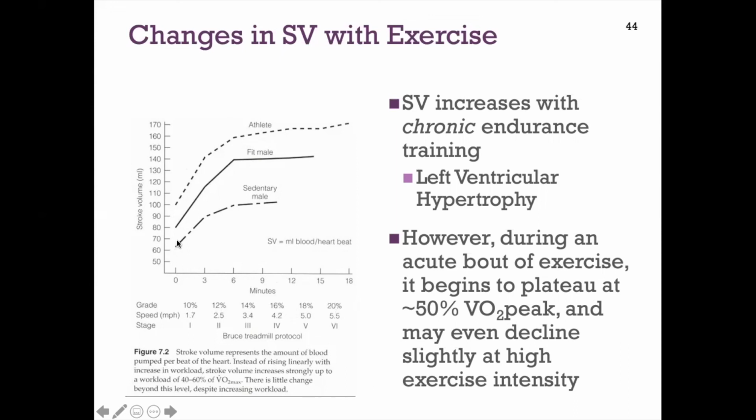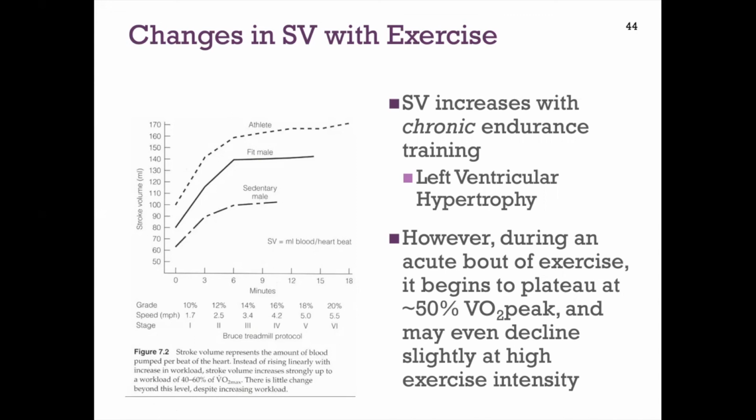So as we are starting to increase in the exercise and increase in the intensity, our heart rate will go up, but it starts to plateau. And this is usually occurring around when we are halfway to our maximum oxygen consumption.